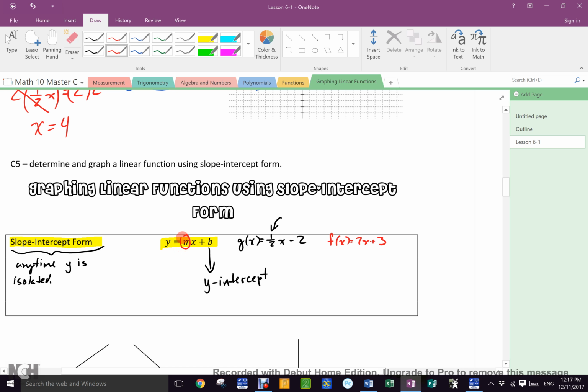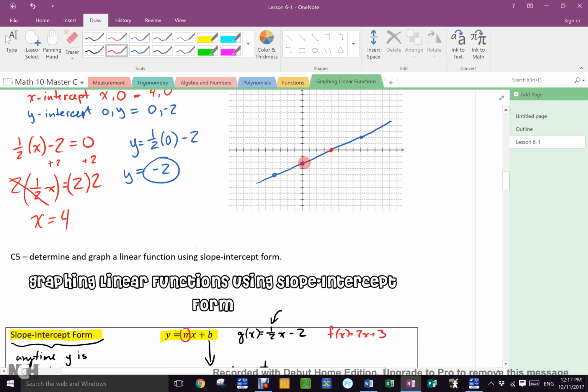But I want to show you guys something. Where's the next dot here? Where would I go if I was going to the right? Where would the next dot be? Up 2 and over 4, right? Right there, yeah? And this dot was up 2 and over 4, wasn't it?